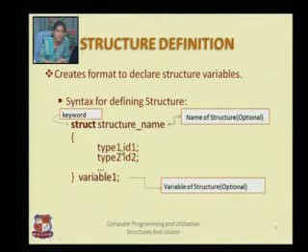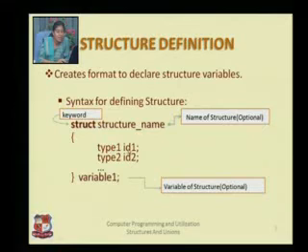Then type 1, then identifier 1. Type 1 and type 2 are different kinds of data types. Here I am not writing type 1 again and again, because that may vary. Type 1, type 2 means the first would be integer, then the second could be of a different type, integer and float, or integer and character, or any variations.